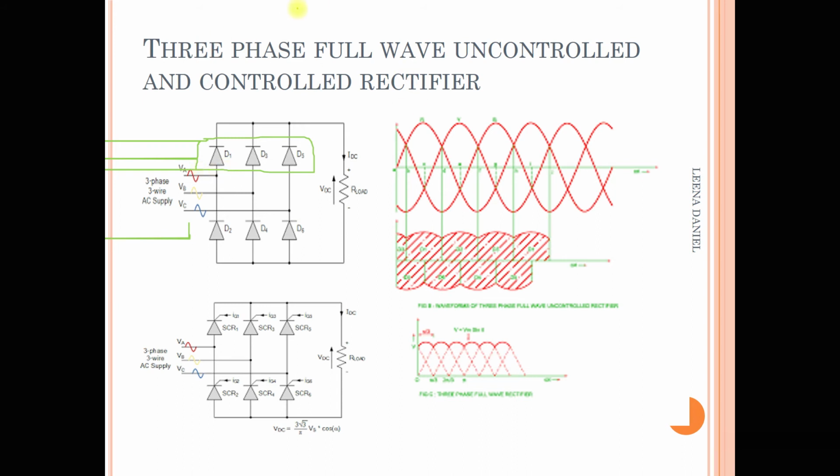So let's see what is going on here. At this point you just see, in the positive group, the diode which is getting the maximum positive voltage across the anode, that diode would conduct, and in the negative half, those diodes will conduct which are getting the maximum negative.